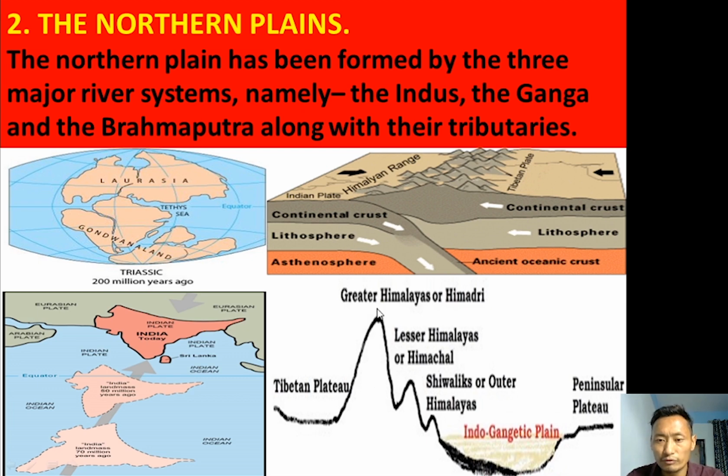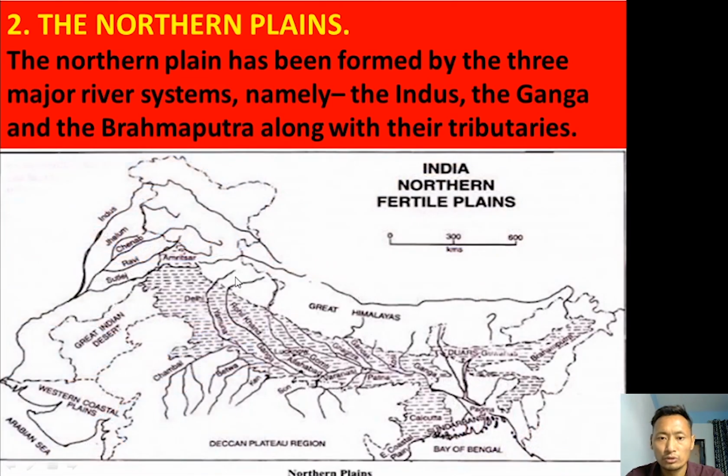After the formation of the Himalayan mountains, at the south of the Himalayan mountains, we have a geosyncline depression, a huge basin. This geosyncline depression was filled up with sediments.